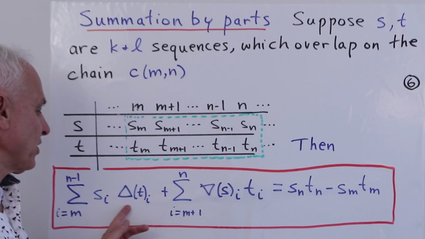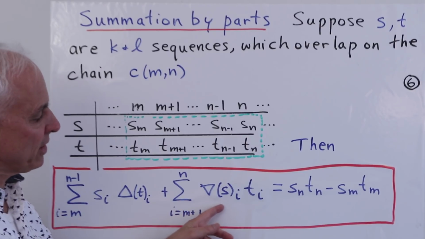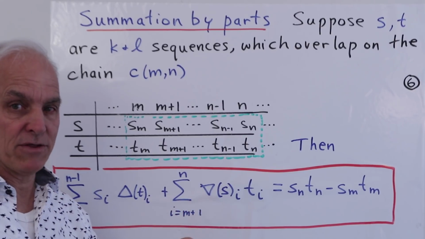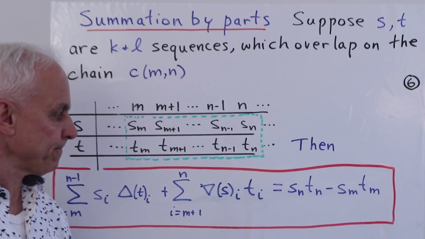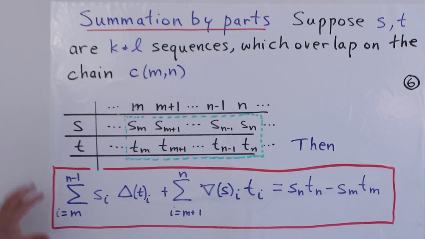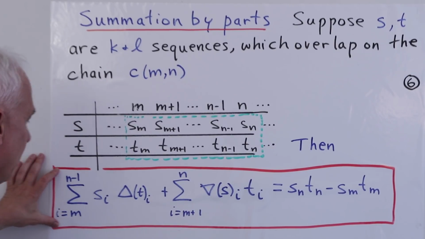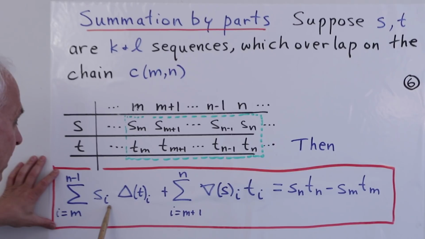So here there's a forward difference for t, and here notably there's a backward difference for the other sequence s. Okay, so let's have a look at the formula. It says that the sum from i equals m to n minus 1 of s_i times delta t sub i.